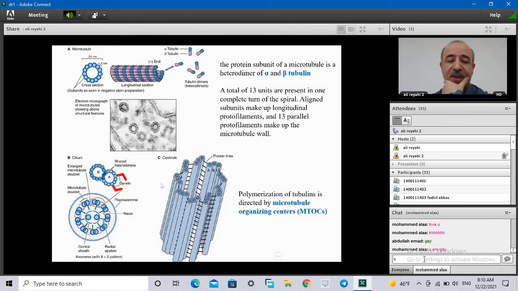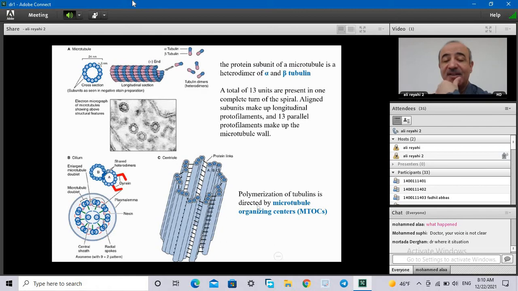Within the cytoplasm, the cilia or flagella, for example, is attached to another structure called the basal body. The basal body is formed by 9 triplet microtubules. You can see here the triplet microtubule.